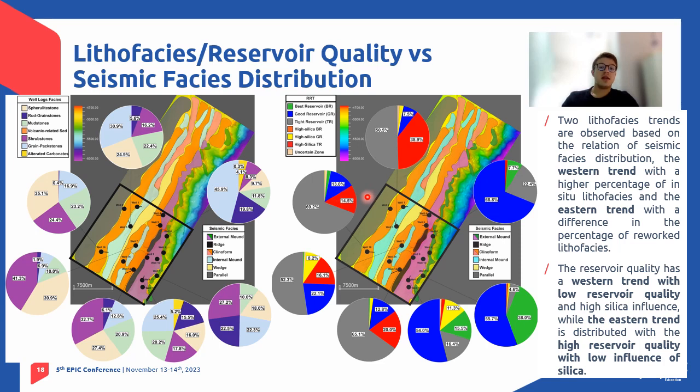On the other hand, the reservoir quality has a western trend with low reservoir quality influenced by high silica content, and the eastern trend that is distributed with high reservoir quality, or the best quality of the reservoirs, in these three wells, with some differences in the percentage and low influence of silica content.